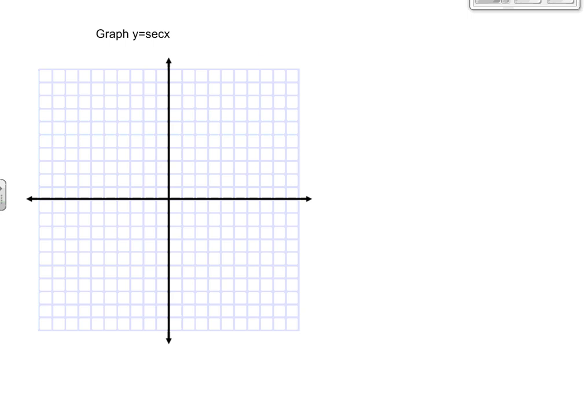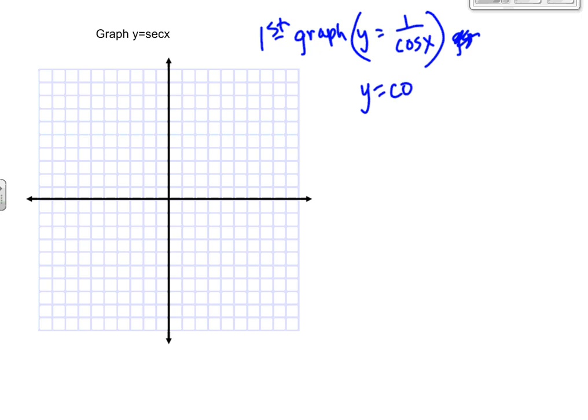So first, we're going to graph y equals secant, 1 over cosine x. So we're going to start by graphing, or excuse me, that is y equals cosine x. So first, we're going to graph y equals cosine x. And that's a pretty easy function for us to graph.